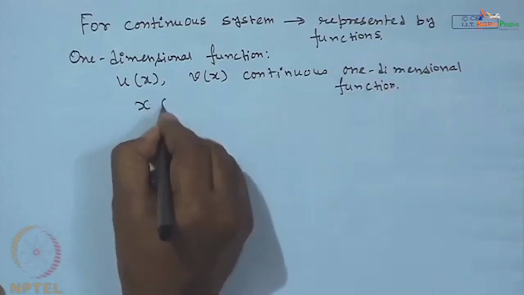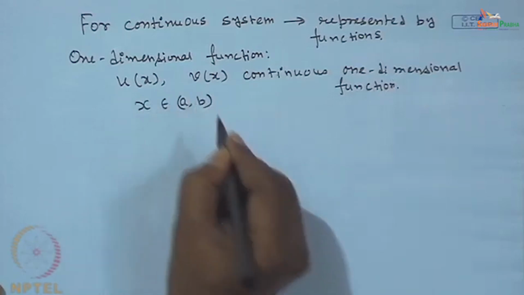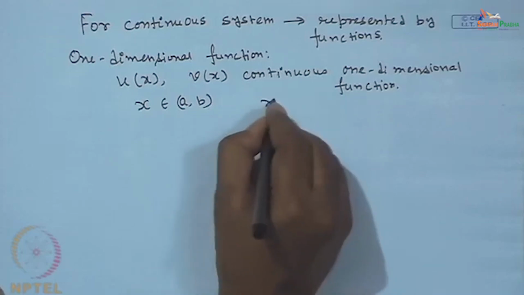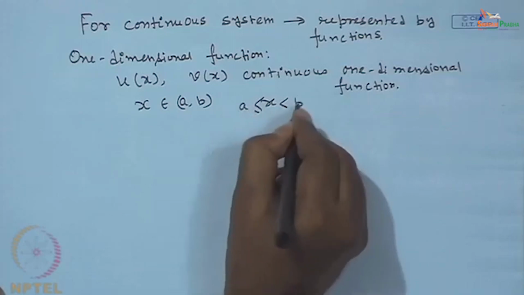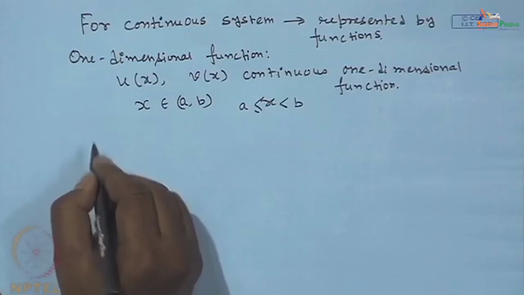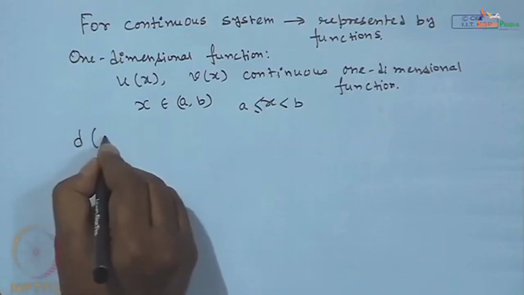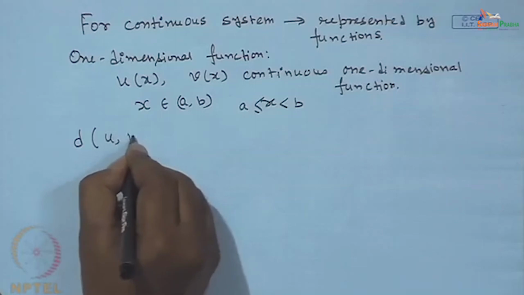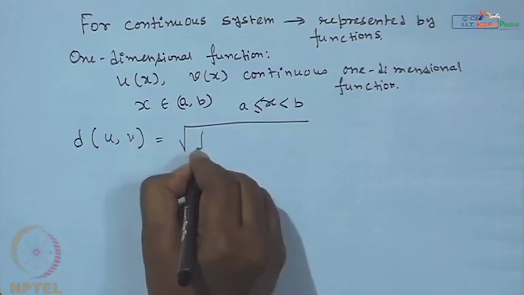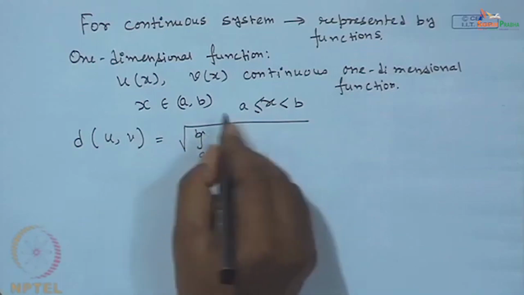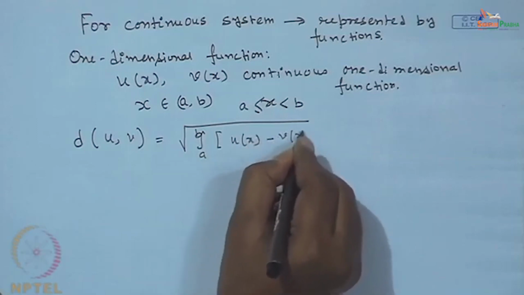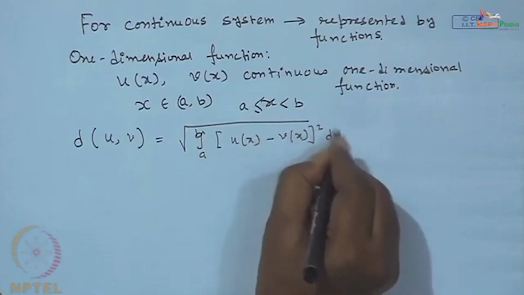Now, let us say x belongs to the interval a to b. This gives the domain or the limit of x, that means x varies between a and b. So, what is the metric of u and v? For a continuous function, the metric between u and v is defined as the square root of the integral from a to b of u of x minus v of x, squared, dx.